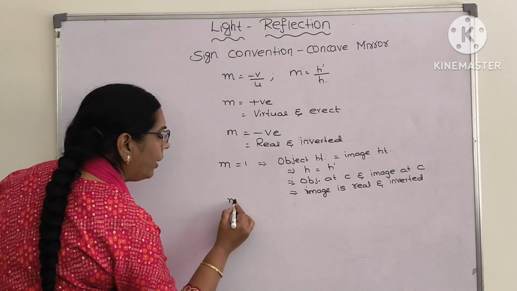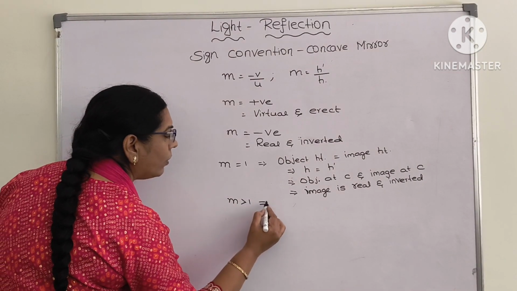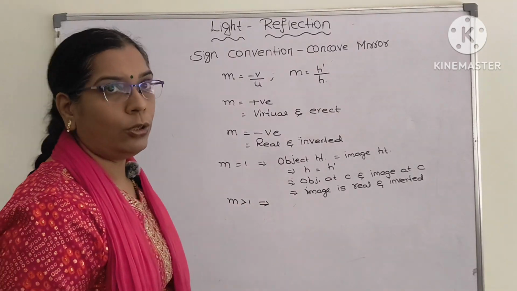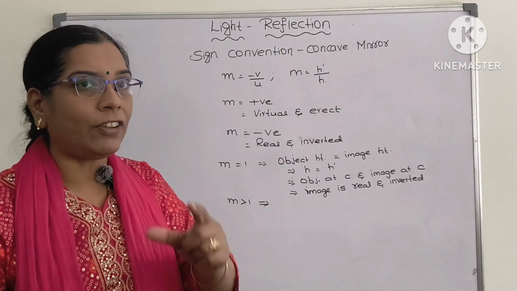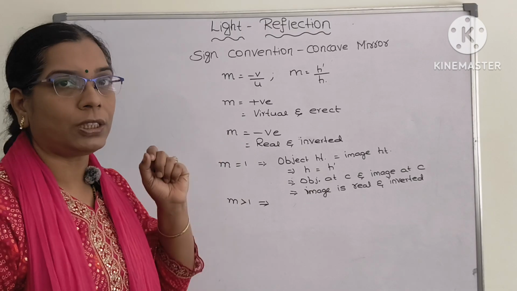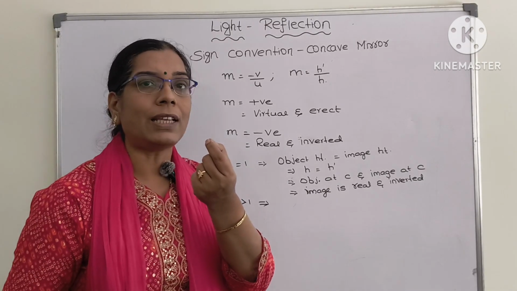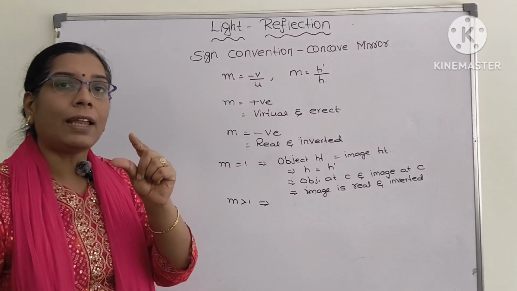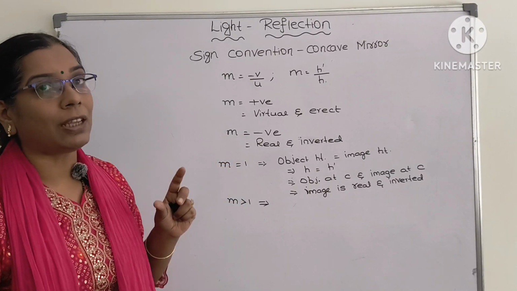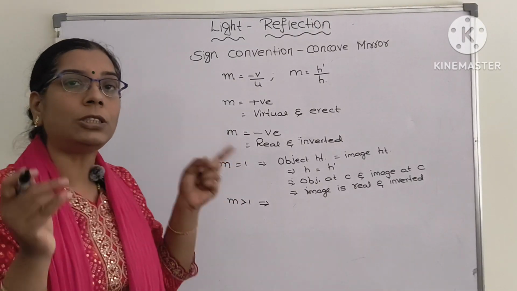Now, if m is greater than 1, what do you mean by that? You know, when the object is placed at different positions, the size of the image will be different. Sometimes the image can be point size. Sometimes it can be smaller than the object. Sometimes it can be larger, and sometimes it is much magnified.